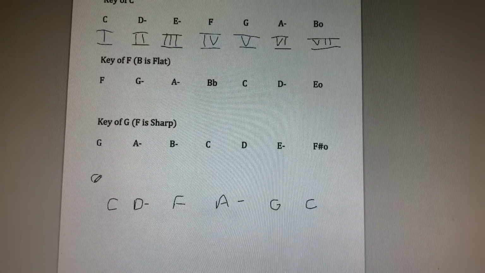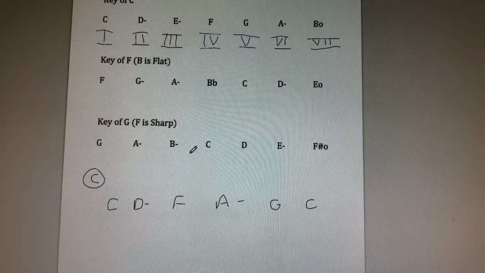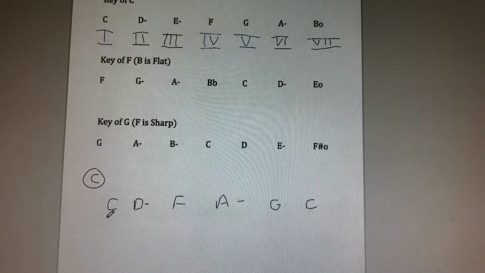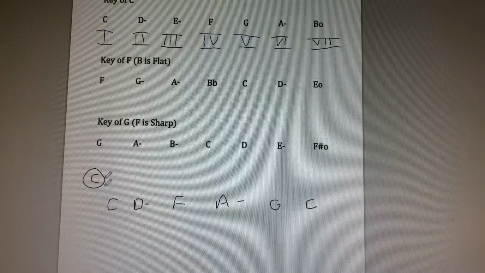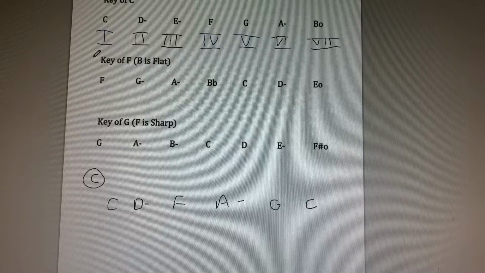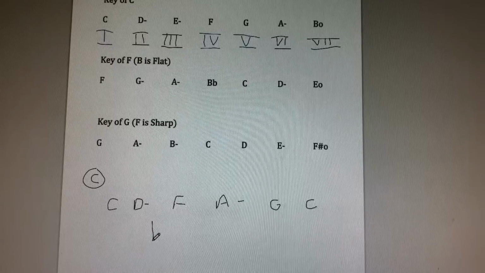We're in the key of C. Just circle that there. So what we do Roman numeral-wise is identify this chord progression as a 1, 2, 4, 6, 5 progression. Why is that important? Well, I'm going to tell you in a second.